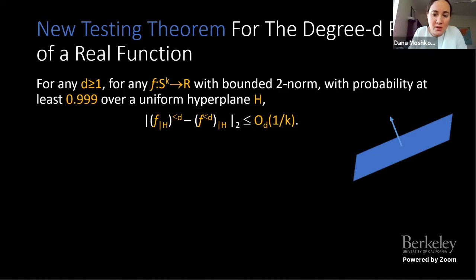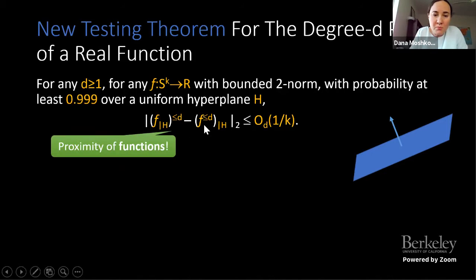Okay, so good. So let's talk about this theorem. The first thing I want you to notice is that we're talking about proximity of functions. These are polynomials of degree at most D in k+1 variables, so there are many monomials in such a polynomial. All those monomials have to be similar.